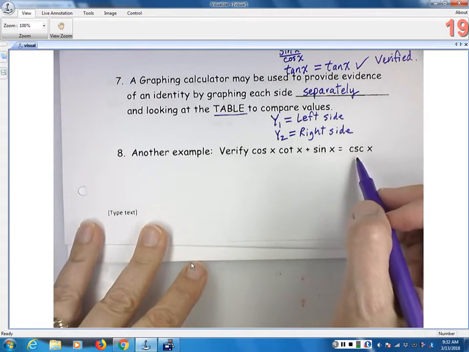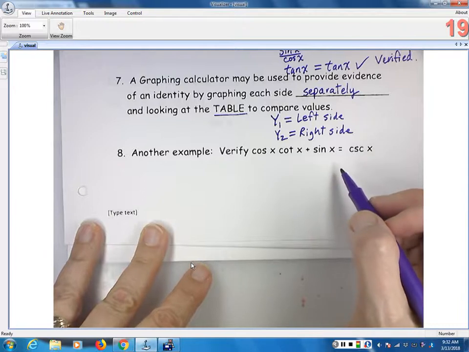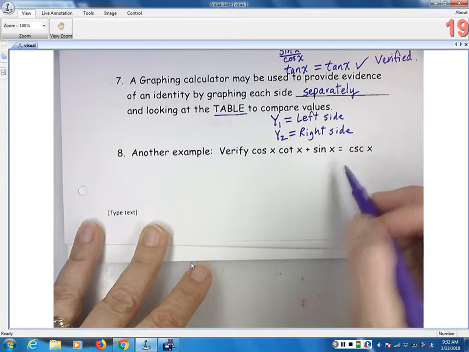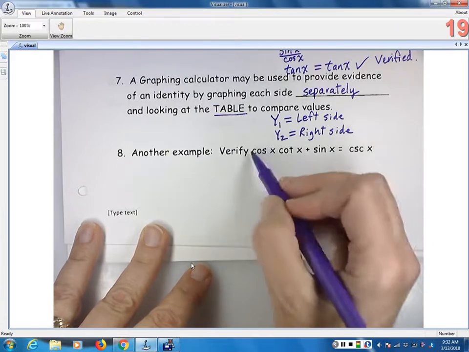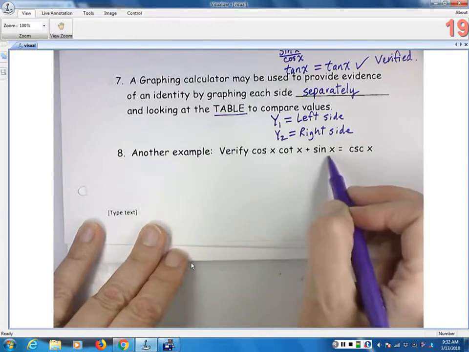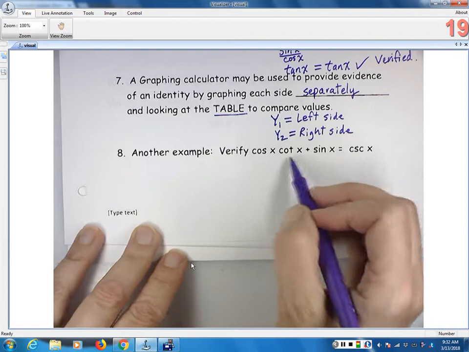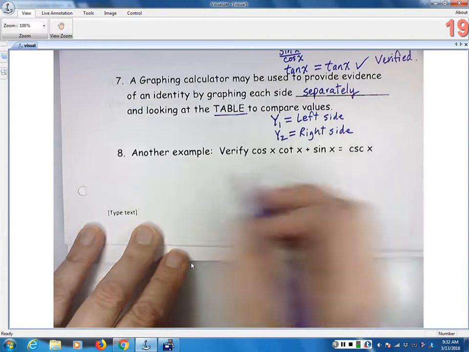So, this is the more complicated side. I started with this. I rewrote everything on this side in terms of sine and cosine.